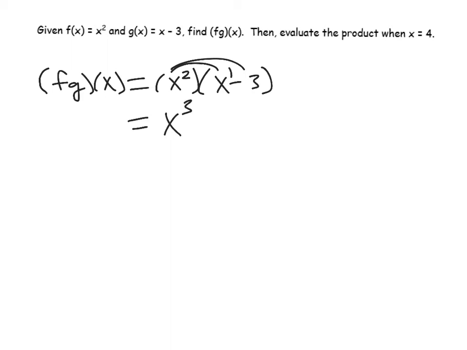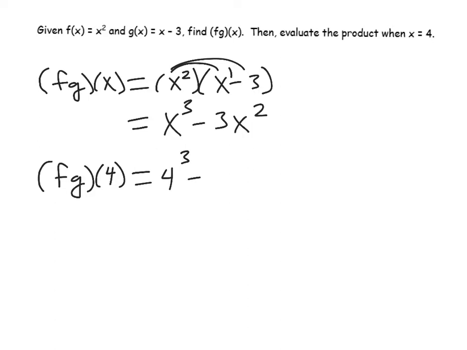I'll get x to the third minus 3x squared, and there you go. There's f times g of x. It's evaluated at 4. Which should be 4 to the third power minus 3 times 4 squared.